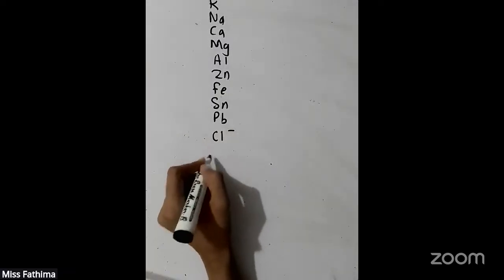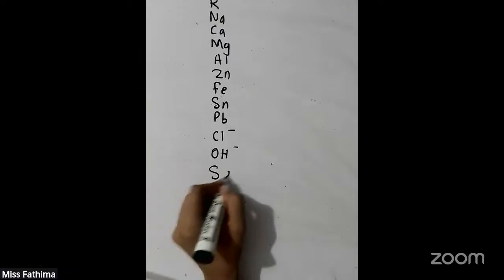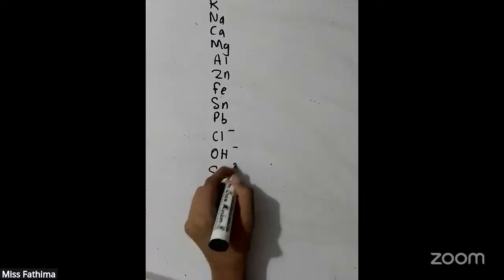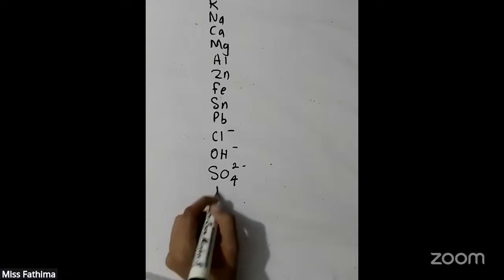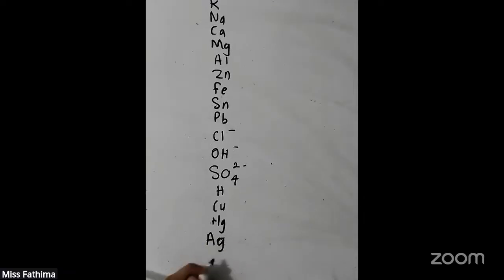You add Cl minus, hydroxide OH minus, and sulfate SO4 2 minus. Then you continue with hydrogen, copper, mercury, silver, platinum, and gold.